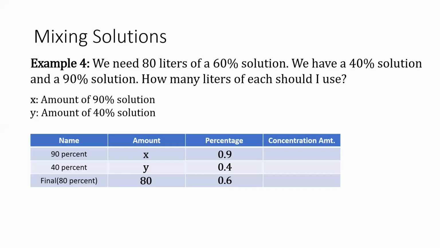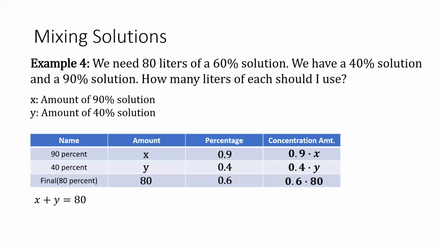So 0.9 times x, 0.4 times y, 0.6 times 80. And so all of that table was kind of to set up the very last column, because that last column is how we're going to set up one of our equations, and then our other equation is going to be our second column. So that should make a little bit of sense.